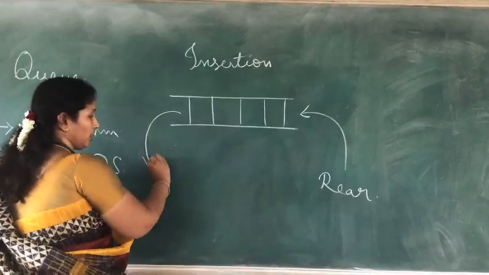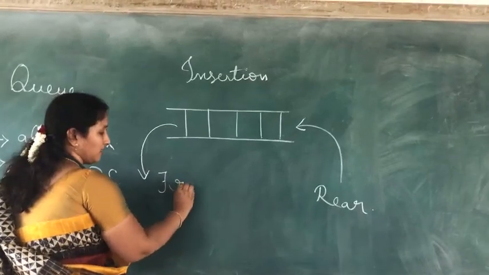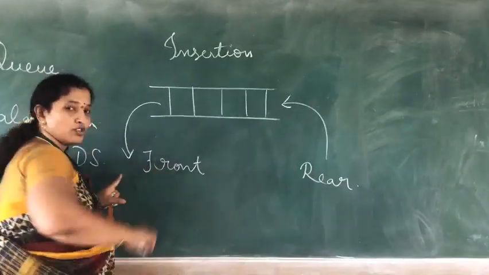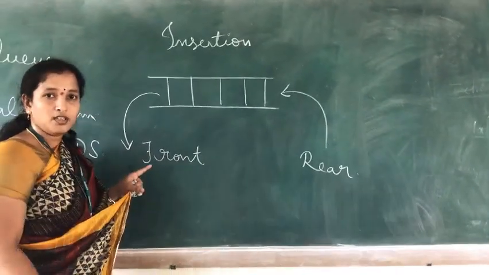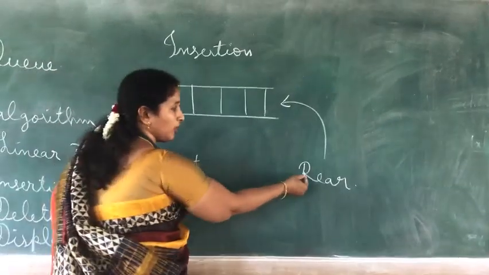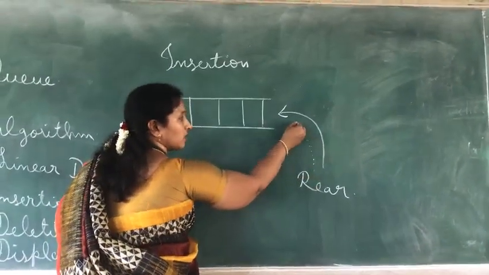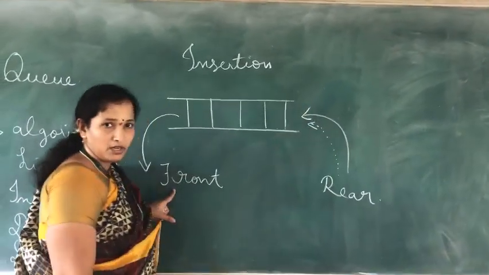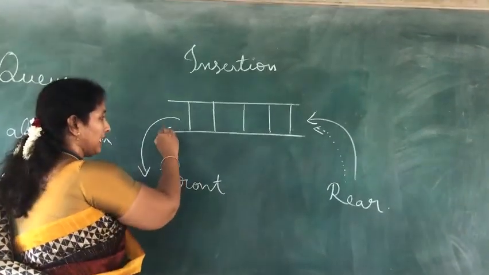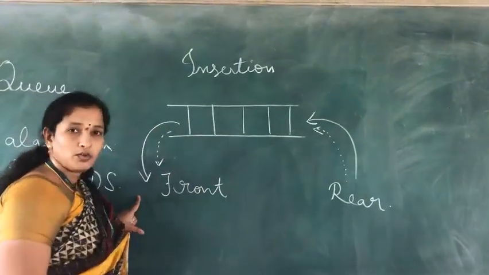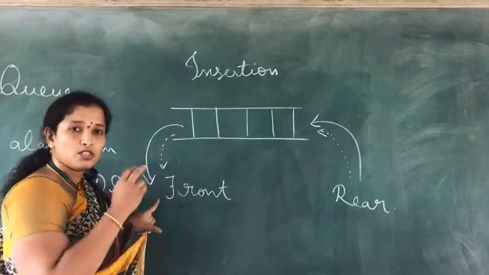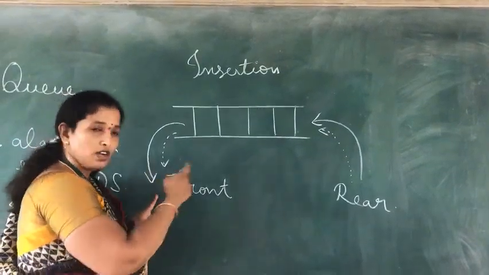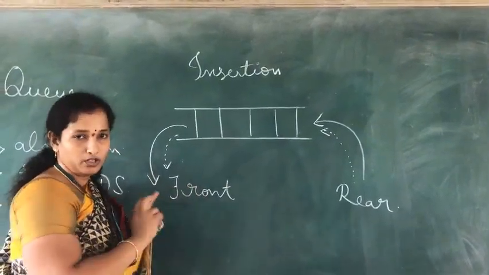The next pointer is front, which is used for the deletion operation. Whenever I insert data, the rear pointer will be incremented. Whenever I delete data, the front pointer will be incremented. For these two operations, we need two pointers.